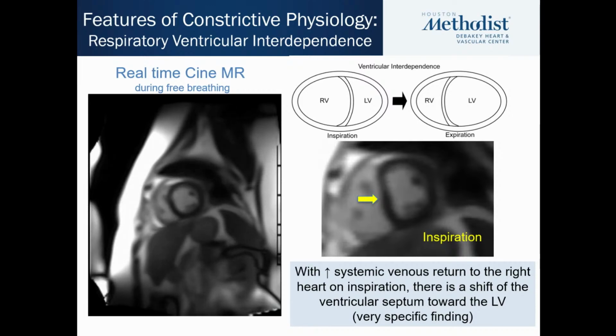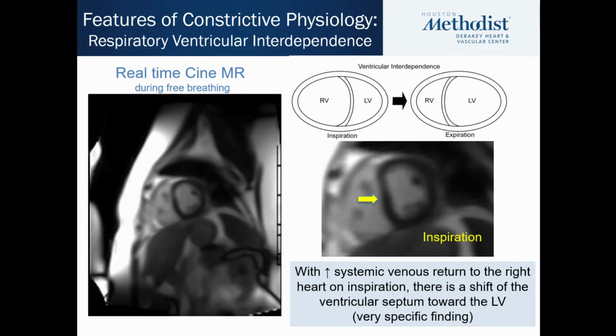We can also look for ventricular interdependence by doing real-time cine images. We have these patients do free breathing, and we image their hearts just like you would with echo. And what we can do is appreciate the filling of one ventricle at the expense of the other. So in this particular case, as the patient inspires, as the diaphragm drops, you'll see that the septum is pushed to the left, and the right ventricle fills at the expense of the left ventricle.